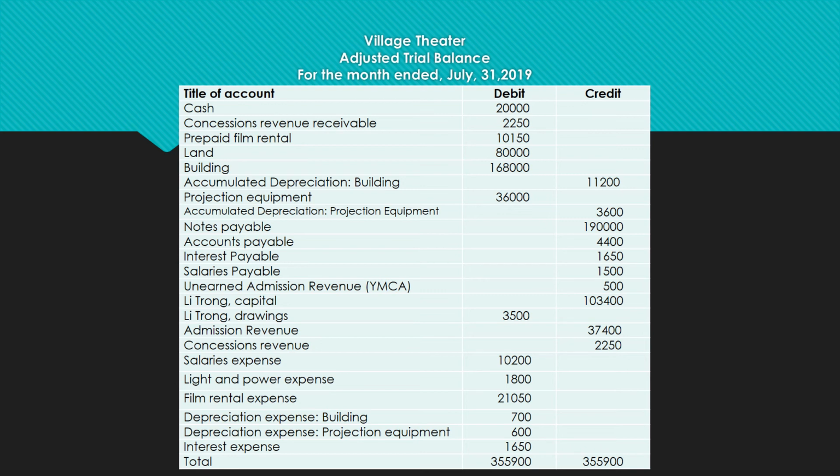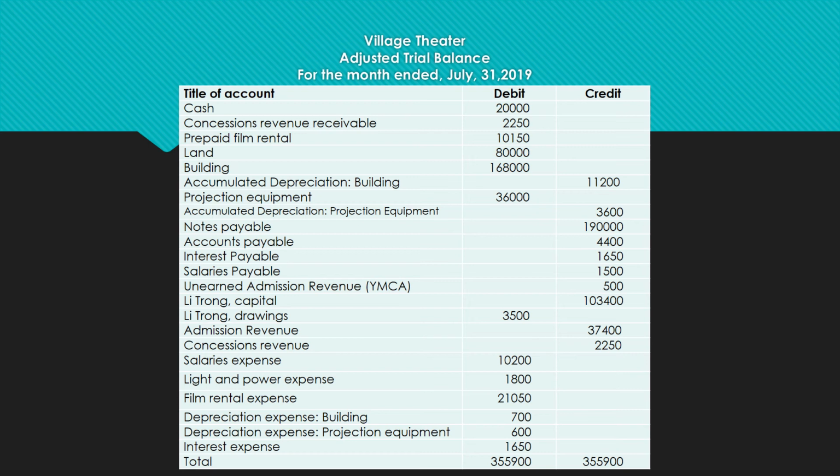Before adjustments it was 36,900, but after adjustments, with the revenue earned at the end of the month, admission revenue is 37,400. And the company also earned another revenue, concessions revenue from the snack bar, 2,250. So 2,250 is also recorded along with that admission revenue on the credit side of the adjusted trial balance. Now expenses: salaries expense was already given in the trial balance.